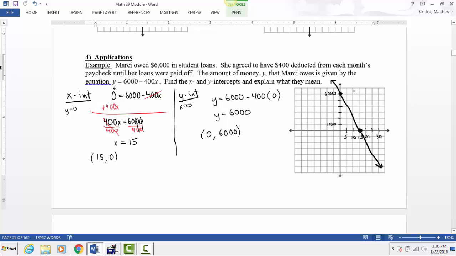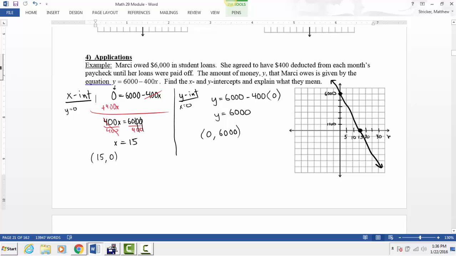Now let's interpret what these mean, because they said we had to explain what it means. This, the y-intercept, means that, remember what these are. What is x? She agreed to have $400 deducted each month. So that minus 400 is times x. X is the number of months.